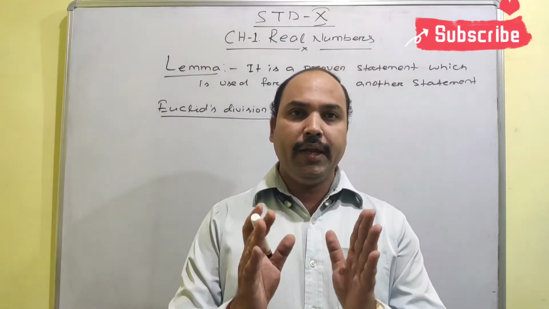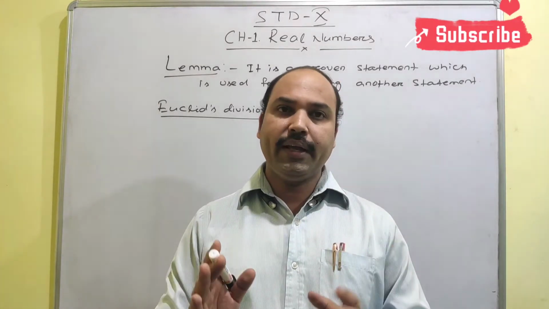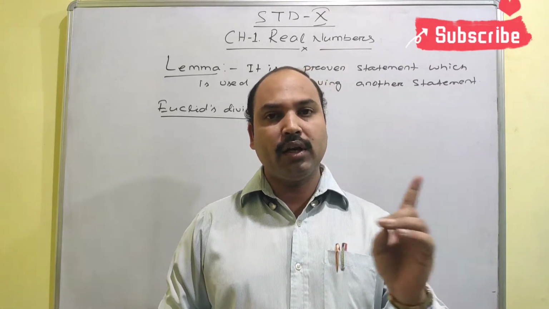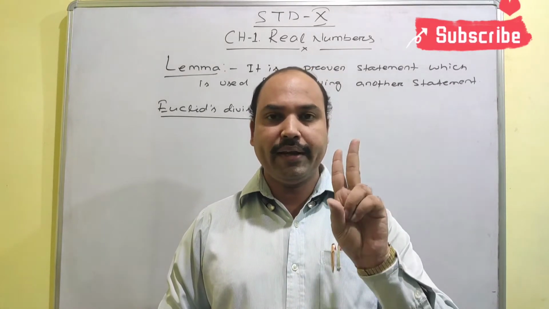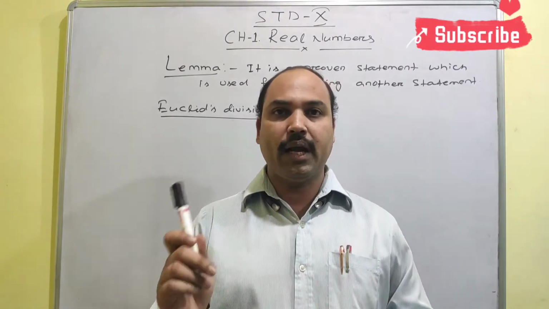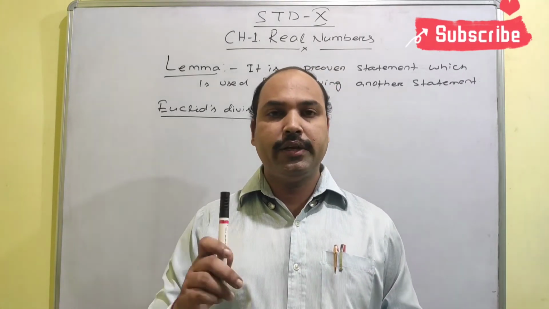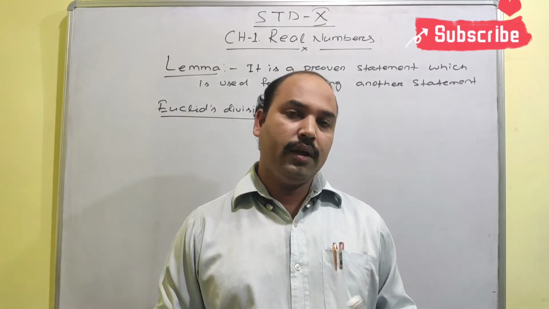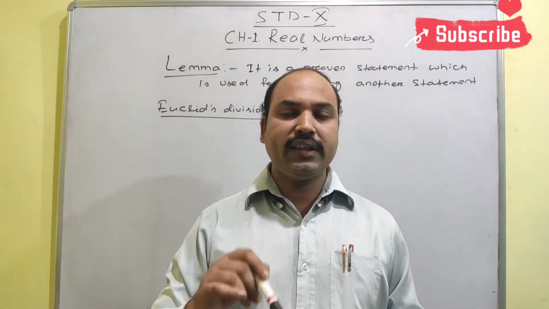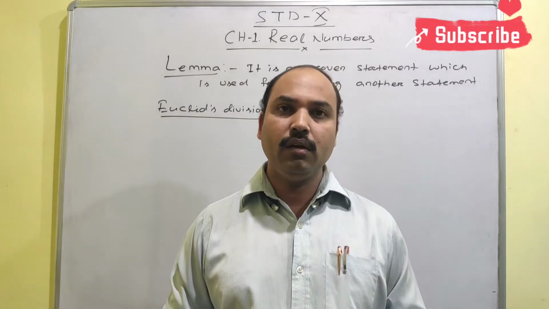Remember, if you take a and b, two positive integers such that a is greater than b, then there exist unique integers q and r such that a equals bq plus r, where 0 is smaller than or equal to r and r is smaller than b. It is known as Euclid's division lemma.